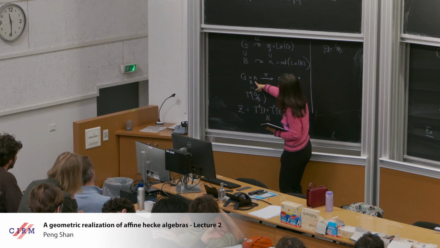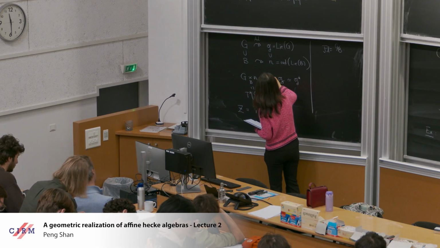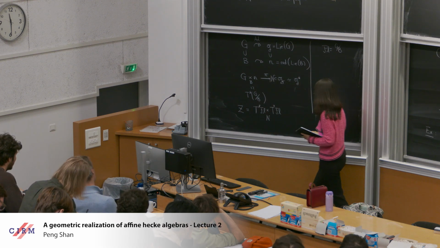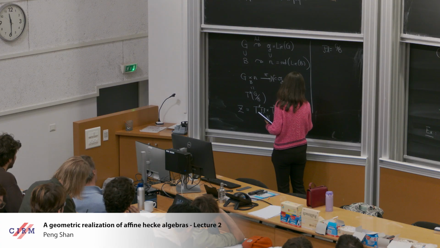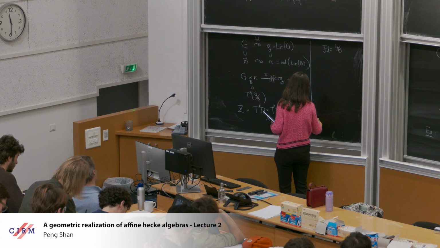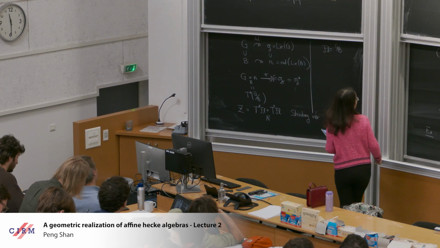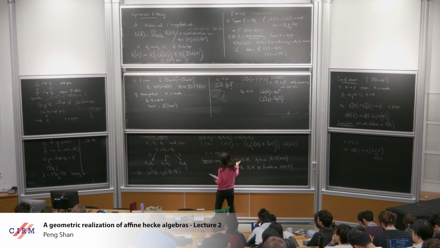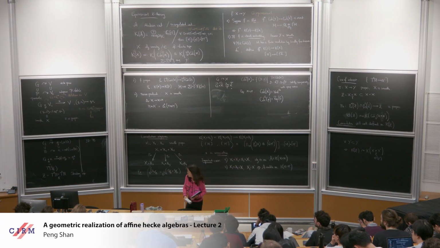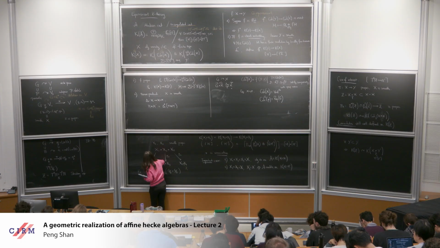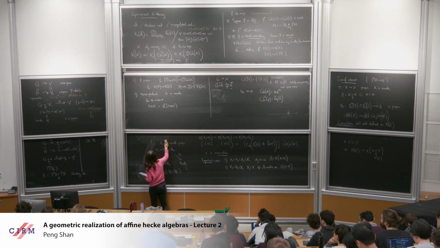So you notice that all the elements here arrive in the set of nilpotent elements inside G. This is the so-called Steinberg variety. And by the general formalism I have explained, we now know that its equivariant K-theory comes with an algebra structure.